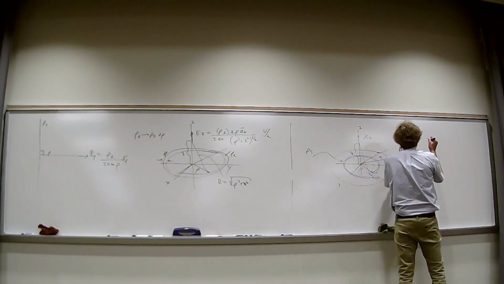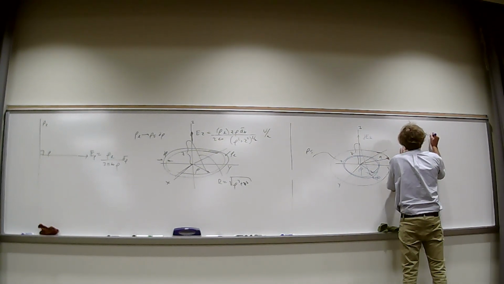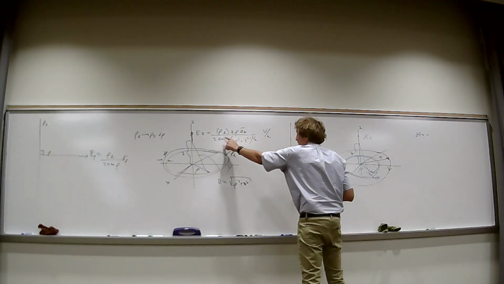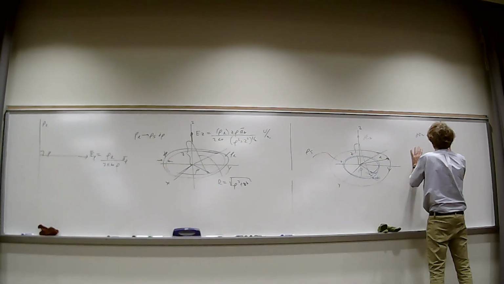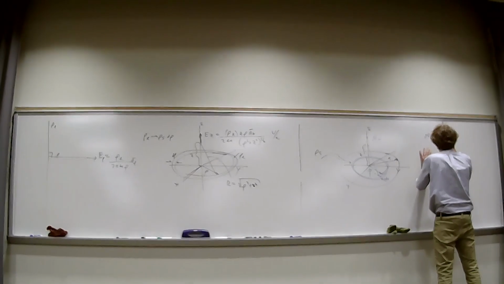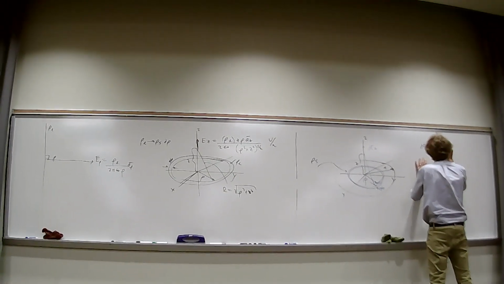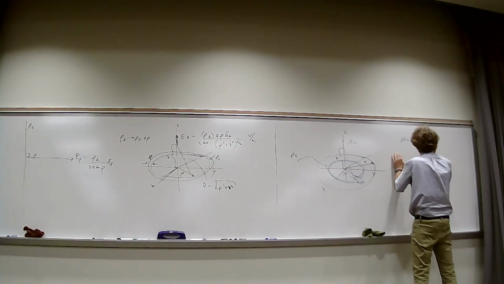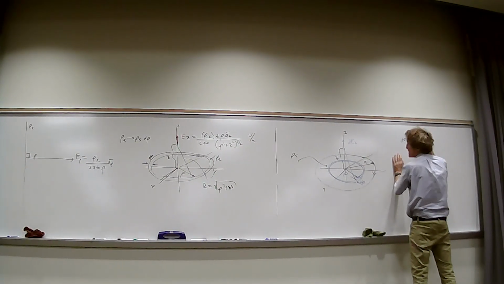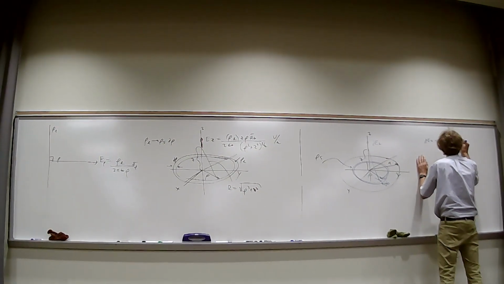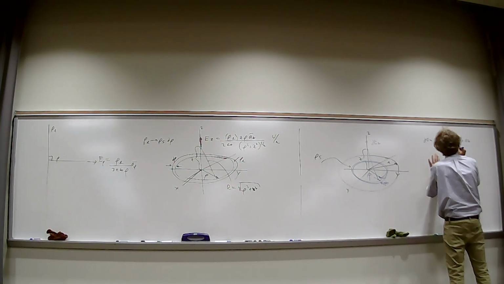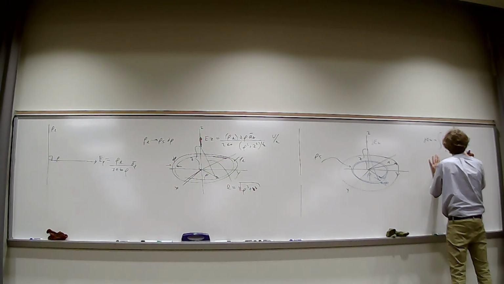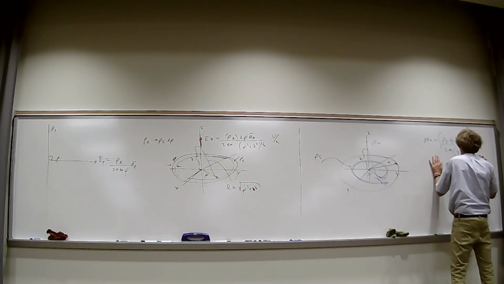So now I say that dEz is equal to, everything's the same except rho L is replaced by this, and I'm assuming the surface charge density is constant. So it's equal to rho S times d rho, then times z rho, and then you have az, over 2 epsilon naught times z squared plus rho squared to the 3/2 power.